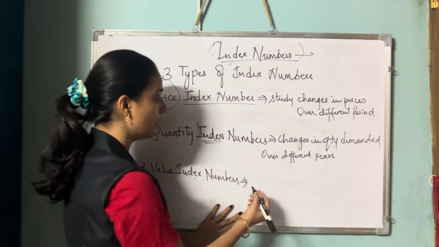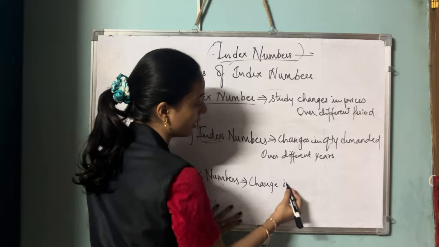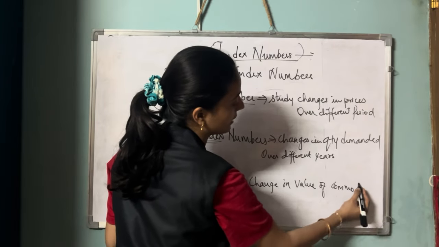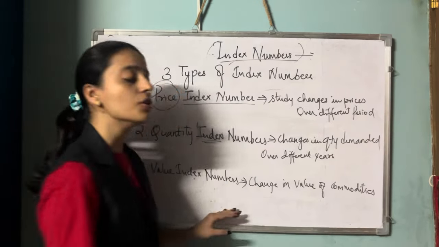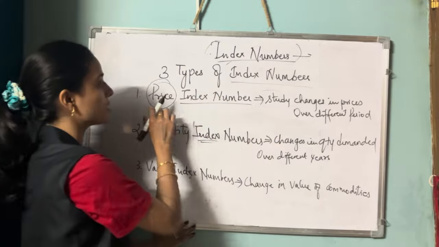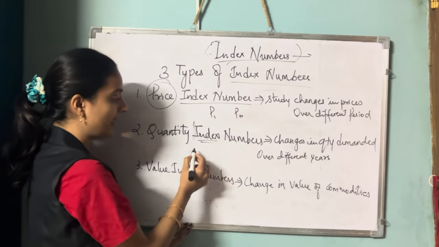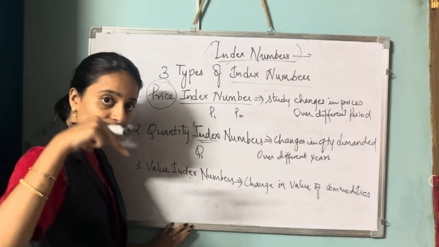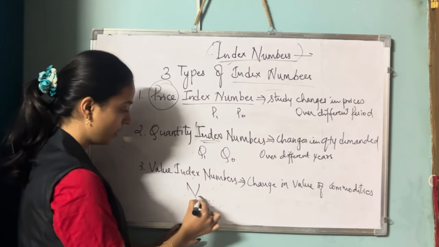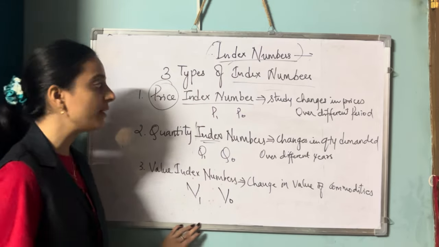Here we try to understand or study the change in value of commodities. Okay, so these are the three different types of index number we study. That is price index number, here P1, P0. Same way, quantity index number, Q1 is quantity of current year, Q0 is quantity of previous year, V1 is value of present year, V0 is value of previous year.